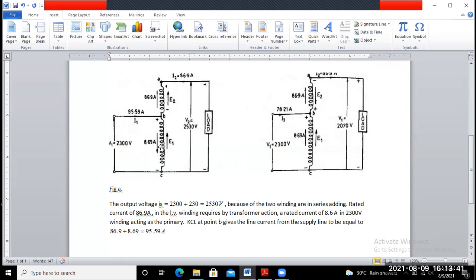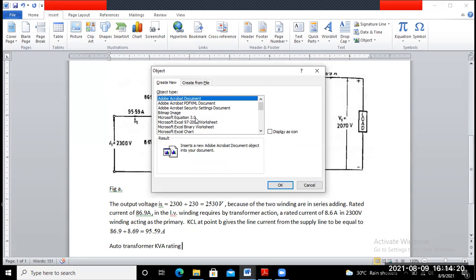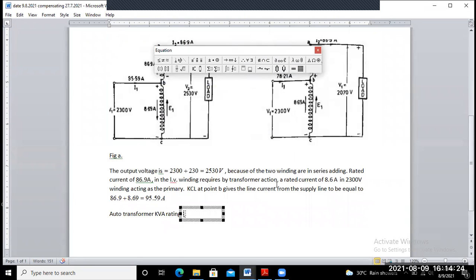So the auto transformer's kVA rating is equal to either the total voltage appearing at the output terminal, that means AB, that is 2530 volt, into whatever current is flowing in this winding, that means 86.9.